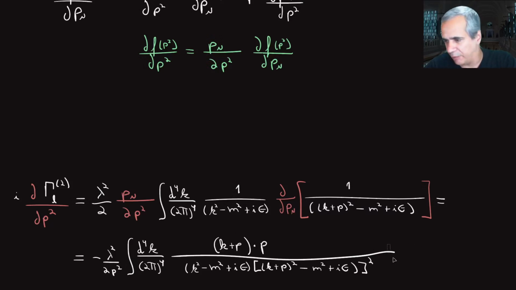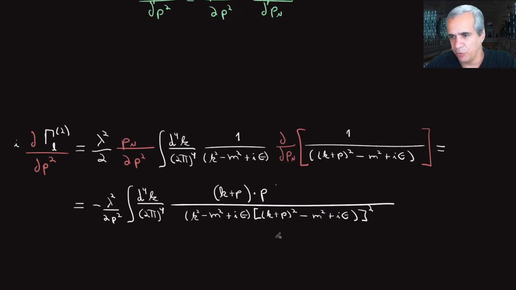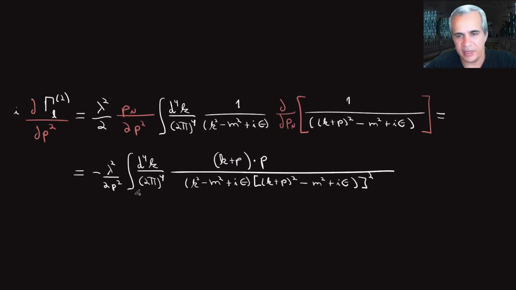So this is what happened with this expression when I took a derivative in p squared. Now, if you do the same numerator against denominator analysis here, you see that on the numerator I have this, which is the important part, something like k mu here, contracted with other stuff, but that does not matter. And on the numerator I have k squared there, and now a k to the fourth.